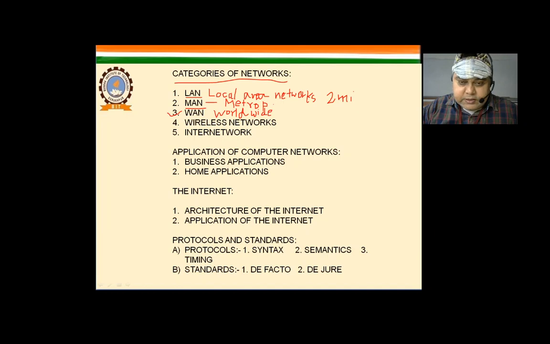So this type of MAN device is used in metropolitan cities. This MAN covers cities like Delhi, Chennai, Madras, Calcutta, metropolitan areas.